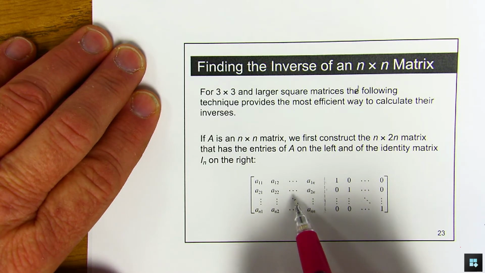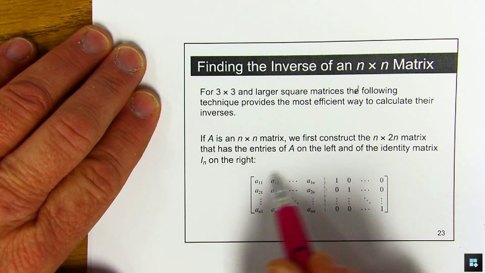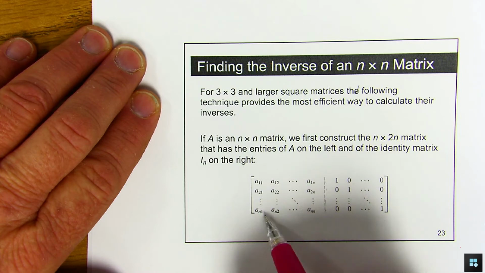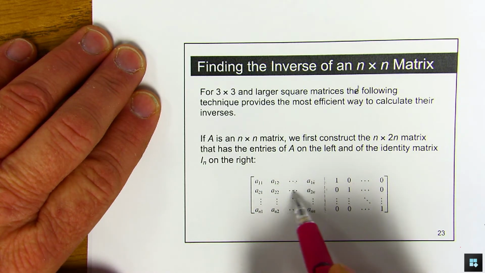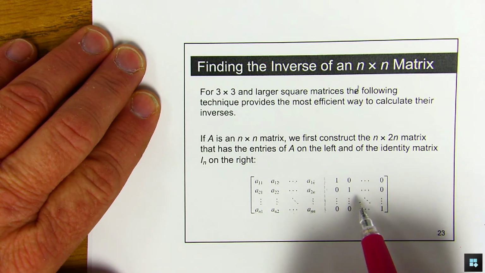Turning it into reduced row echelon form changes these numbers over here, and when this becomes the identity matrix, in other words, 1 0 0 0, 0 1 0 0, 0 0 1 0, 0 0 0 1, this matrix over here is your inverse.